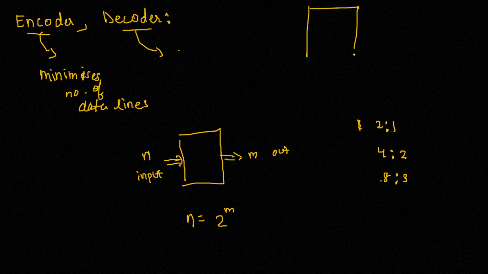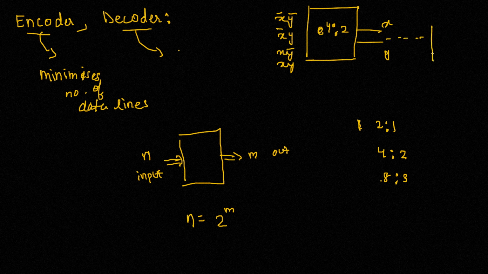So let's say you are transmitting x dash y dash, x dash y, x y dash, and x y to a 4 is to 2 encoder. See, we just need two lines to transmit this, which are x and y. So the encoder has reduced the number of lines from 4 to 2. We just need these two lines to transmit the data.